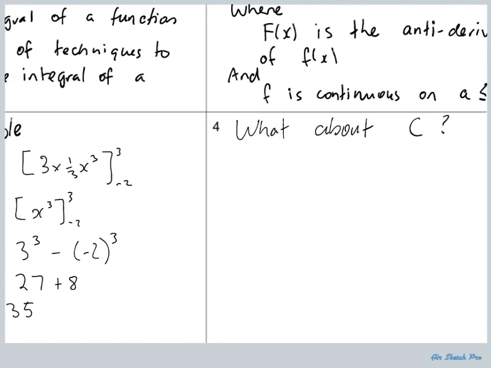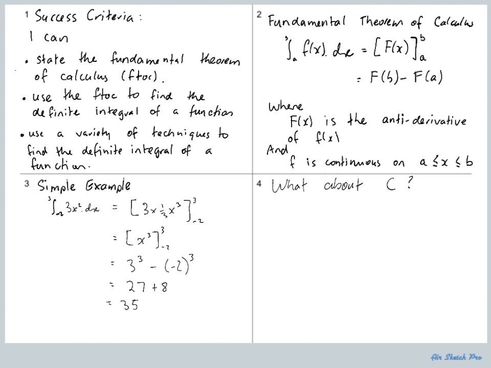I'll show you what I mean. I'll just keep that zoomed out, but I'll zoom in on my own screen. So let's just say I'll use the same function again. So from 3 down to -2, I am integrating 3x squared with respect to x.